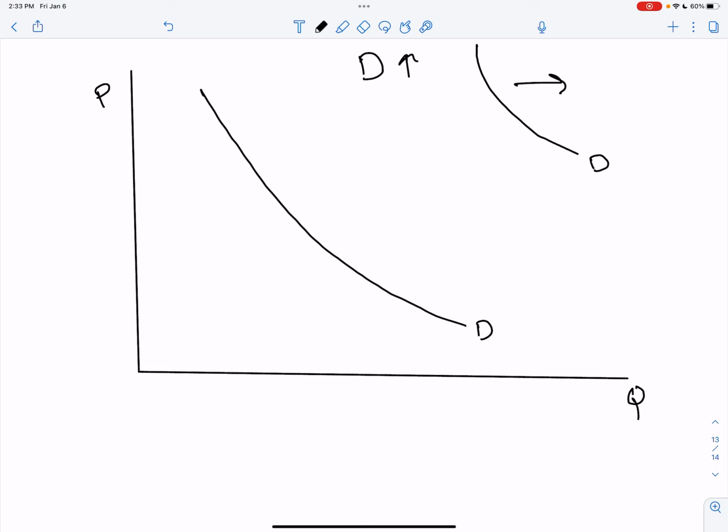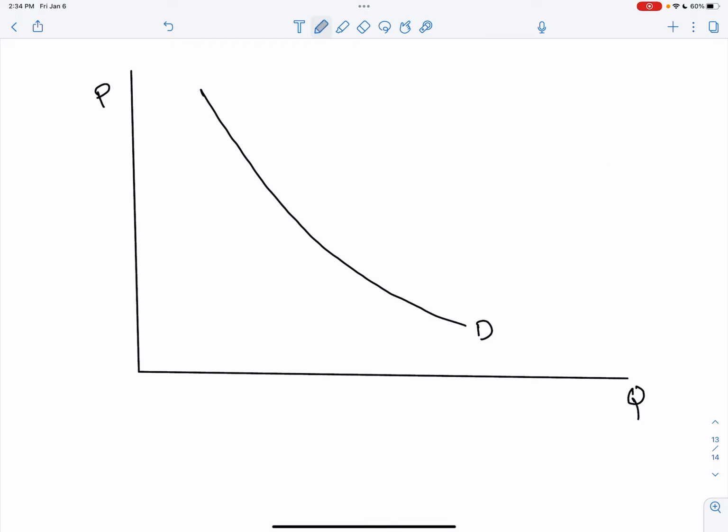Demand refers to the entire curve. If I say quantity demanded has increased, then I am referring to a movement along the demand curve. Demand is a shift in the curve. Quantity demanded is a shift along the curve. Super important.